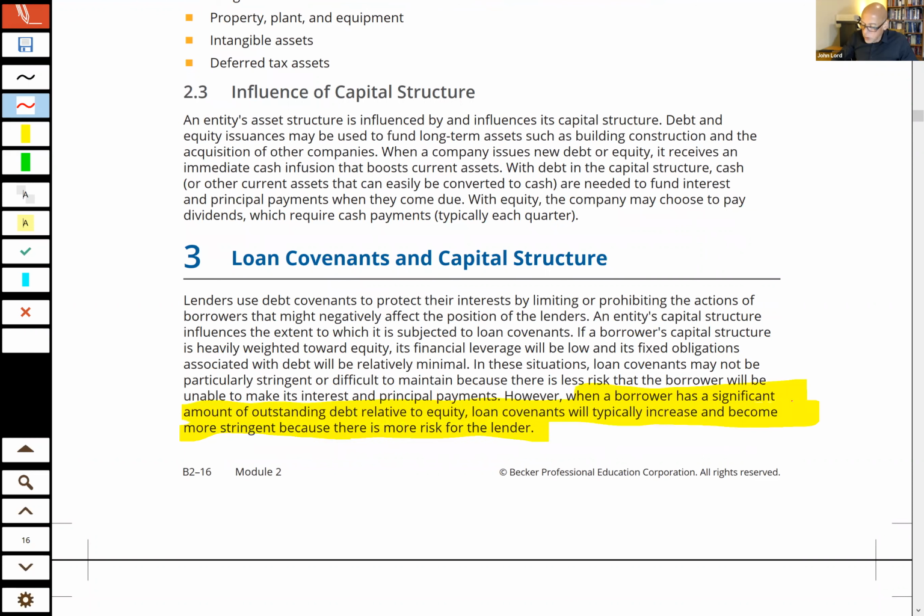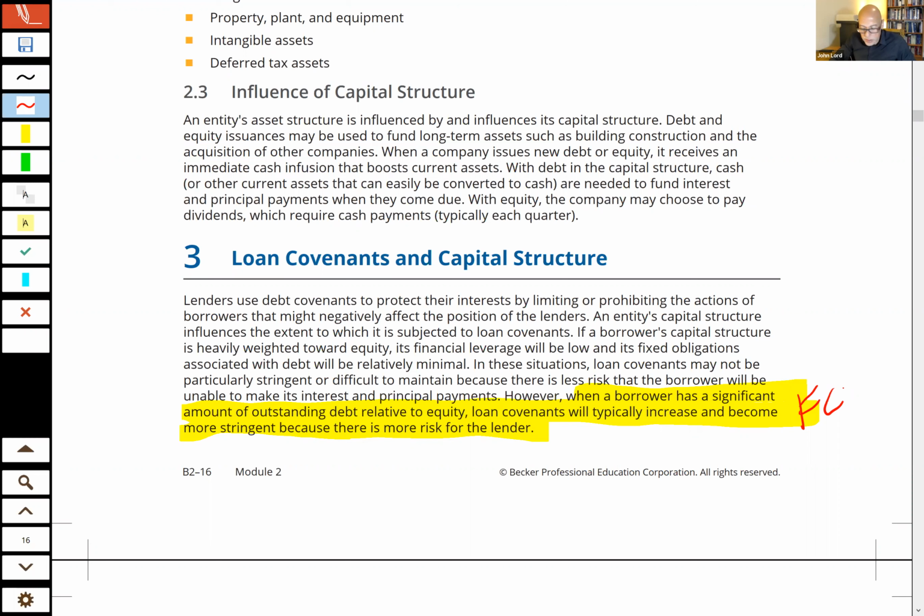So we don't want to ignore the use of debt because debt is tax deductible, and that can lower the cost of that type of financing. But by the same token, if we get too mired in debt, then loan covenants start to kick in, which can raise those interest rates up.